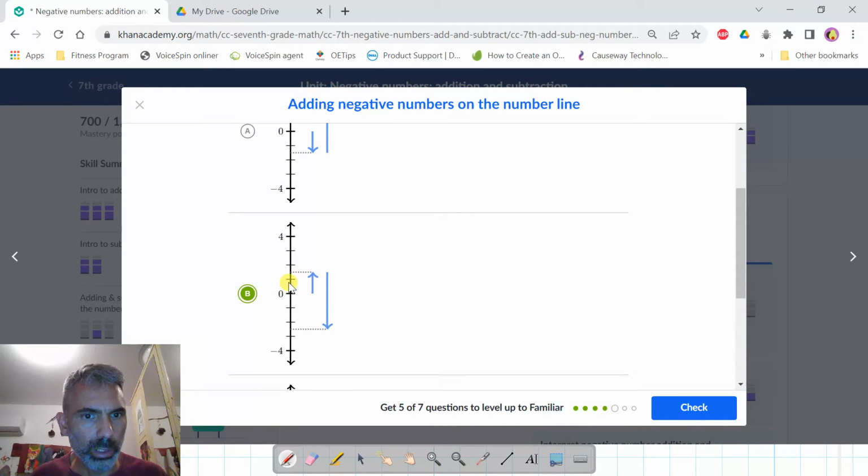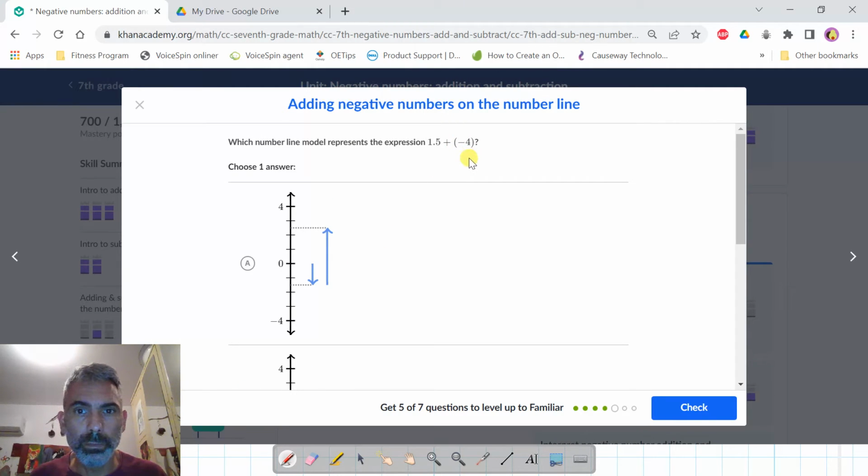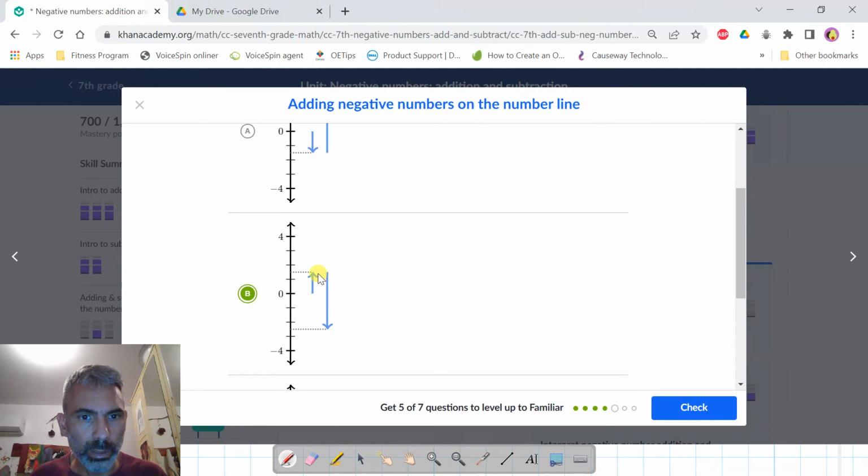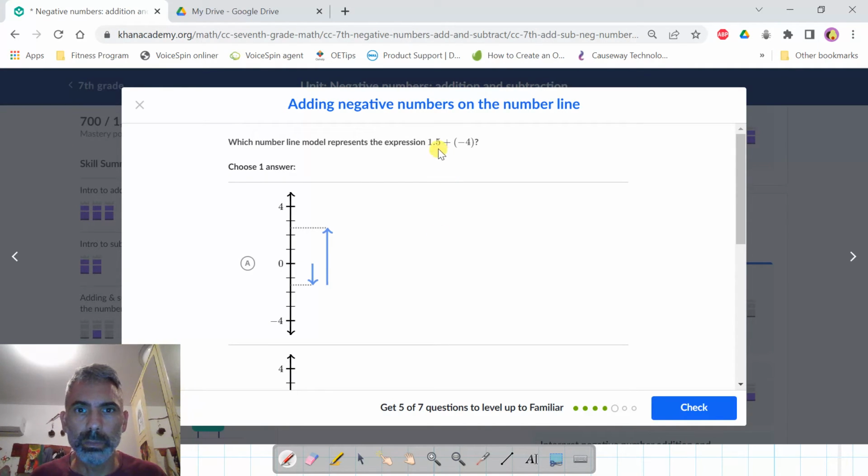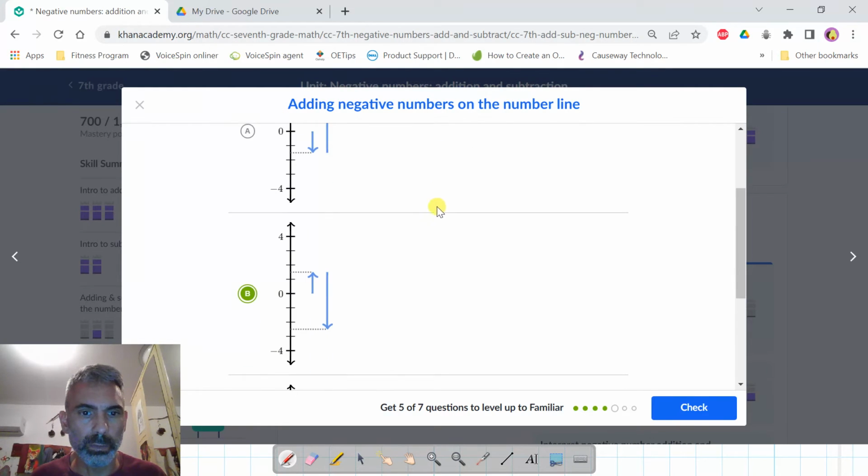So here each hash mark represents 1 step. So this is 1 and this is 1.5. And then we take 4 negative steps. So we end up, the difference between 1.5 and -4 is 2.5. So we end up at -2.5.